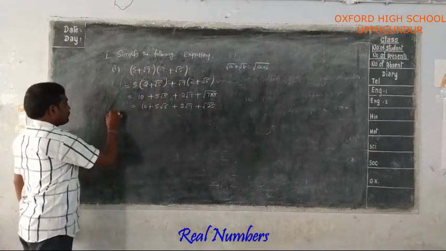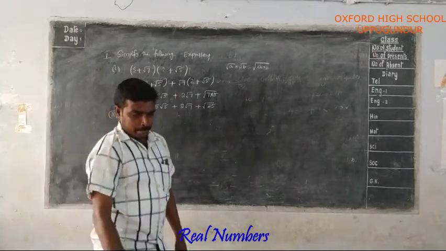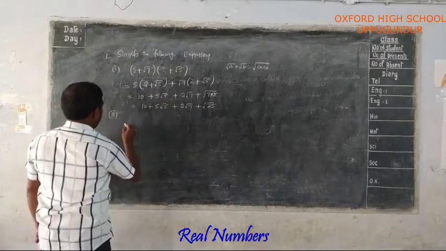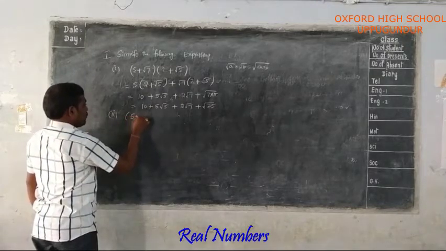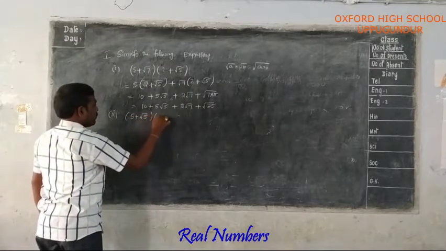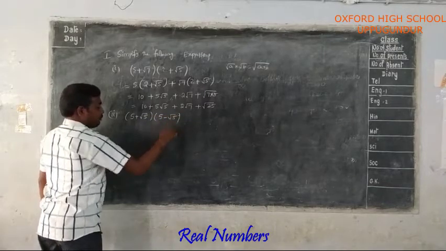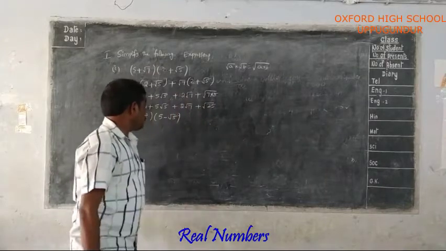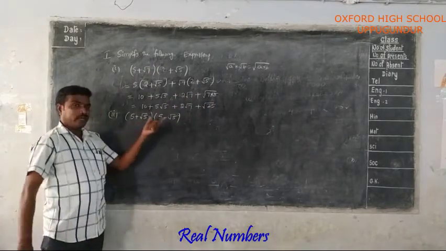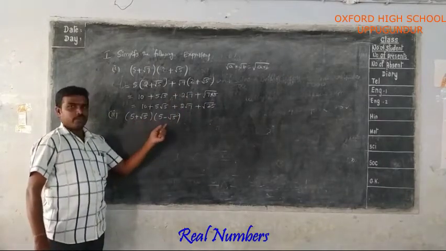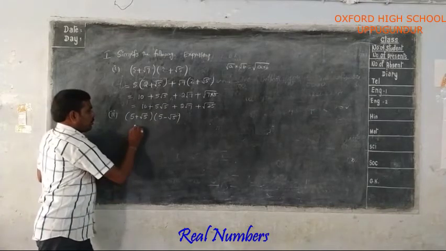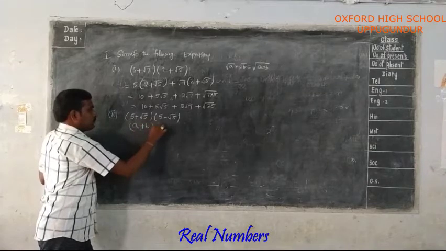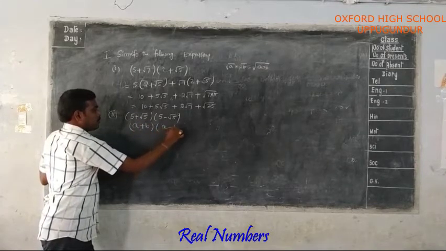Next, second one, (5 + √5)(5 − √5). When you observe these two binomials, (5 + √5) into (5 − √5), these two are in the form of (a + b)(a − b).